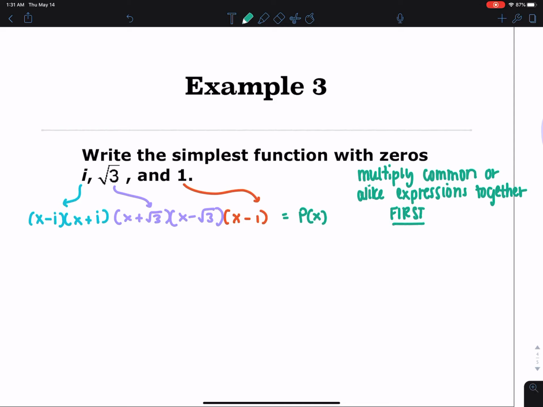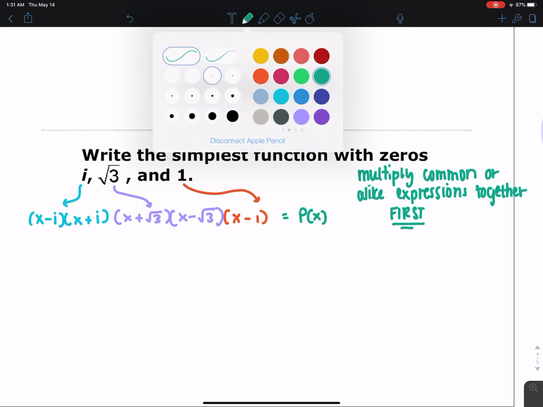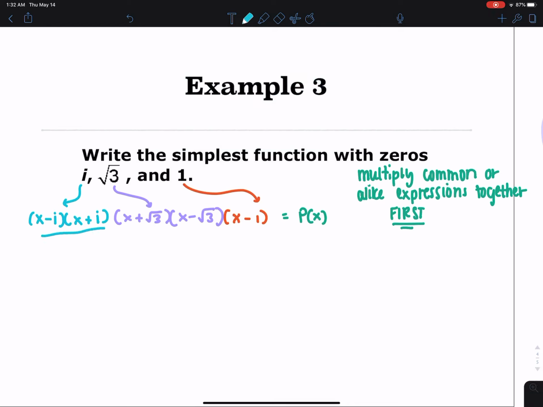So the reason why we're going to do that is going to make it way simpler, and it's going to get rid of our square roots, and it's going to get rid of our imaginary units if we do that. So these two things are common or alike, x minus i and x plus i.